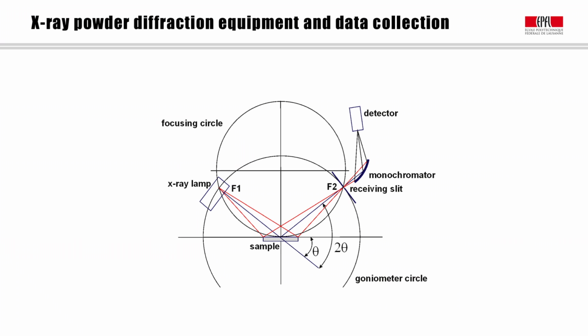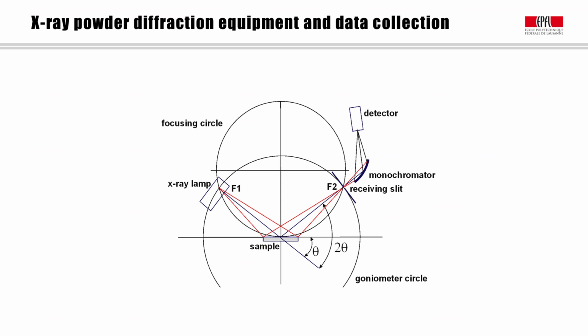A secondary monochromator can be used to ensure that only elastically scattered radiation, this is radiation that has the same wavelength as the source, is allowed to enter the detector device. The latter measures considerably improve the angular resolution. This will make peaks become narrower, thus showing less overlap with other reflection peaks.